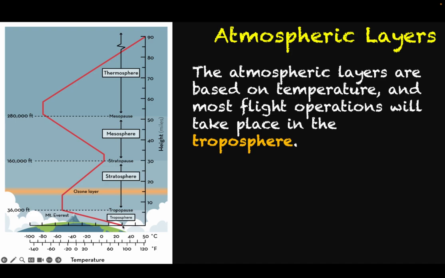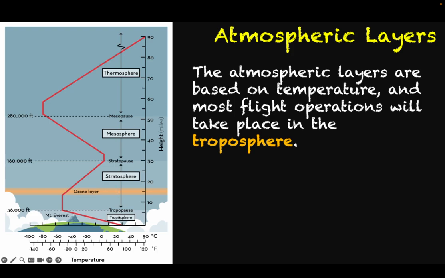But as you gain altitude through the troposphere, the air gets colder and colder until you get to the tropopause. At that point, you get into an isothermal part of the atmosphere, and then the temperature starts moving back and forth because of the physical properties of things above the troposphere, like the ozone layer, which absorbs a lot of solar energy.